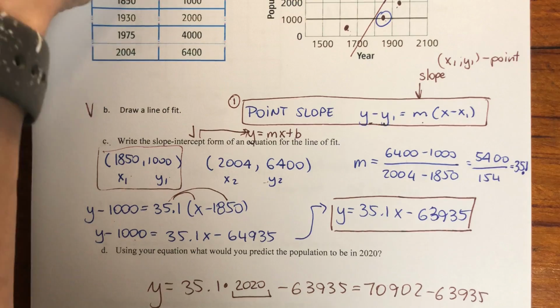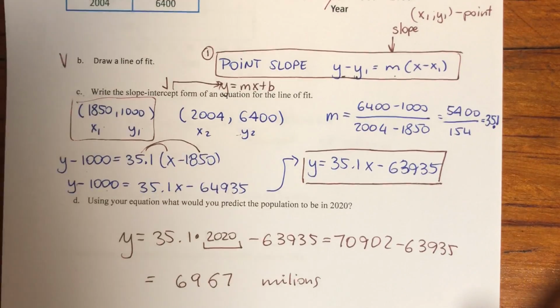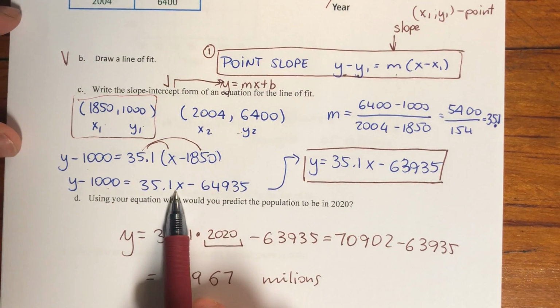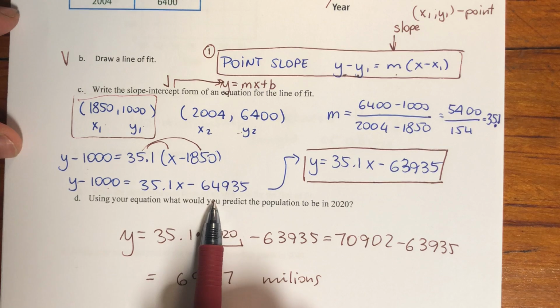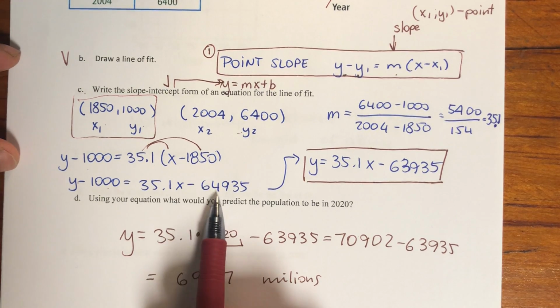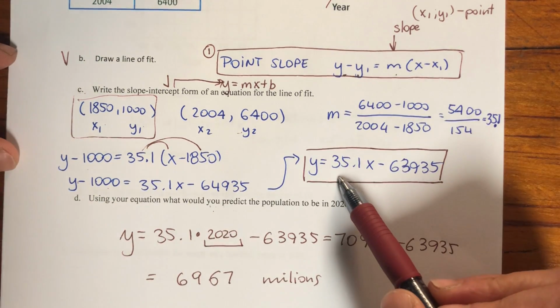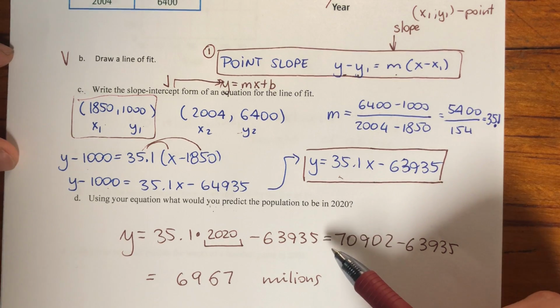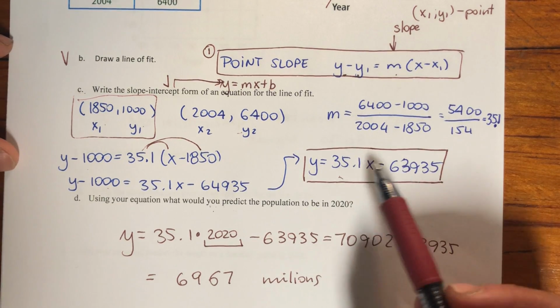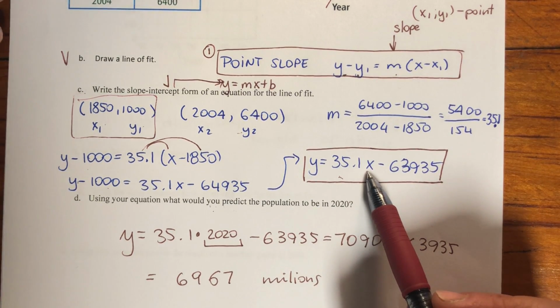So if you look at my calculations, 35.1x minus the product of those two numbers, which is 64,935. Add 1000 to this number, and this is going to be our final equation. Now, to make predictions, you will take your equation and notice that your x represents the year.